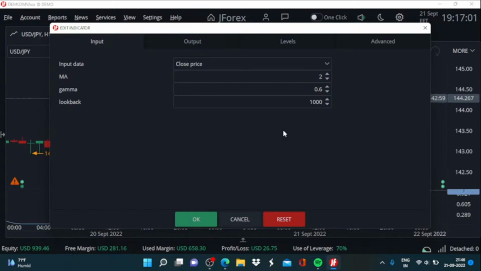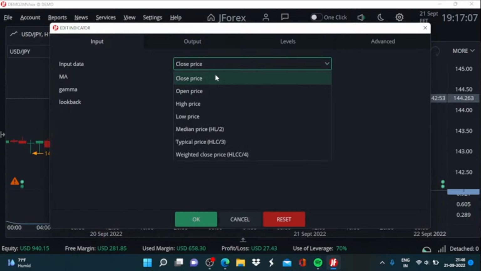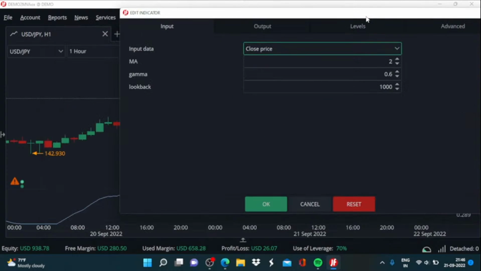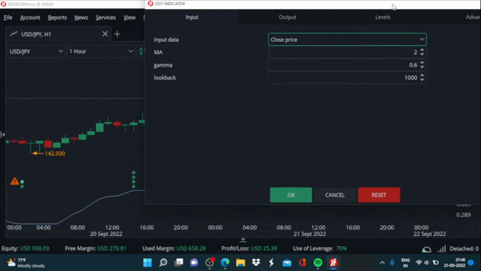So here we have this input data where we have to define the applied price. It can be close price, open price, high price, low price, median price, typical price. All these 7 options are there. Any of these can be utilized as the input parameter.